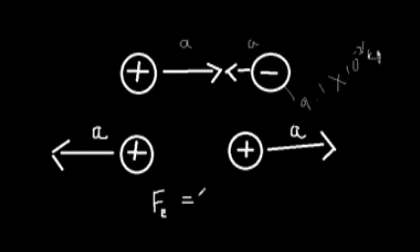It is not very different from the gravitational force. I'm just writing its formula. This is K into charge 1 and charge 2, Q1 Q2, over d square, where d is the distance between them.